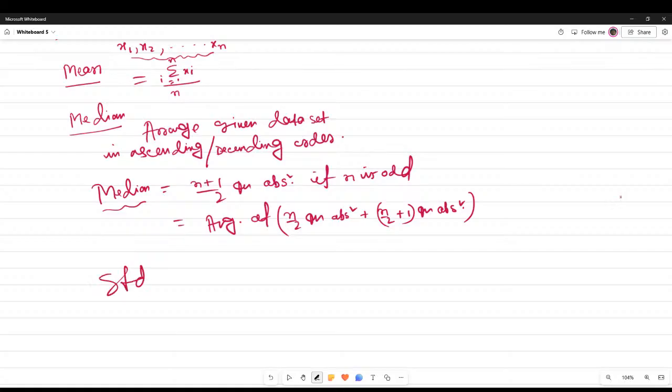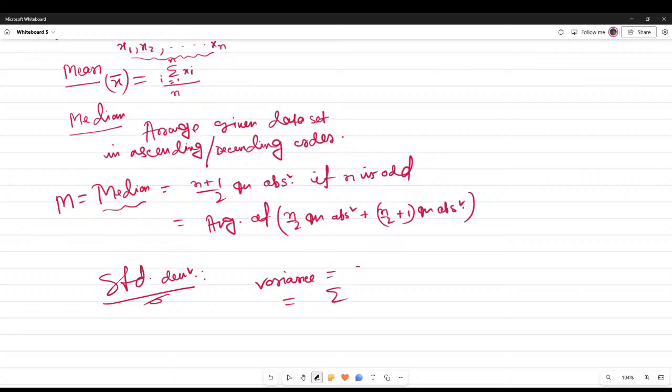Standard deviation. To learn standard deviation, we need variance. Variance is what? The mean, normally we use the symbol x bar for it. For median, we use M. For standard deviation, we use sigma.